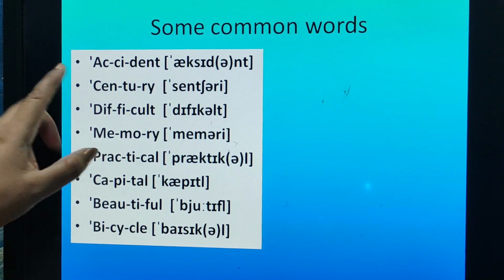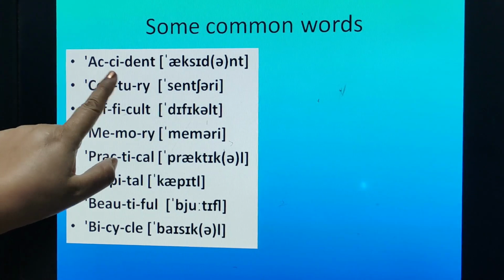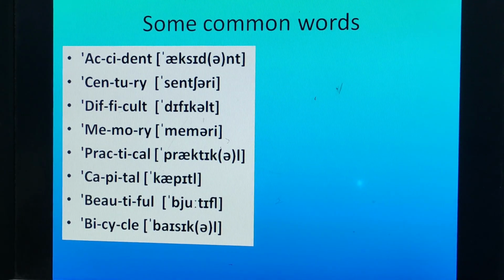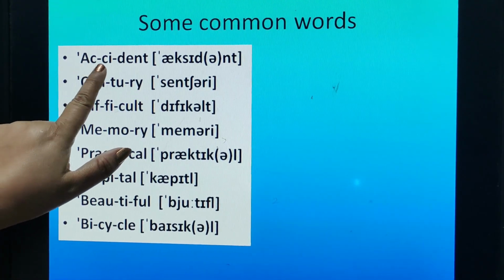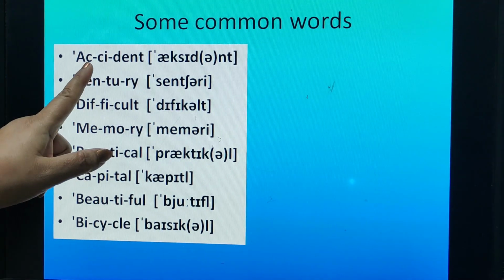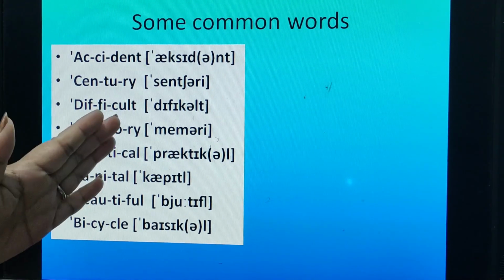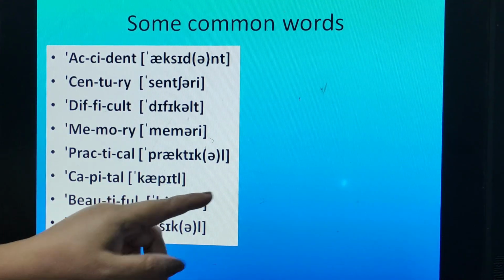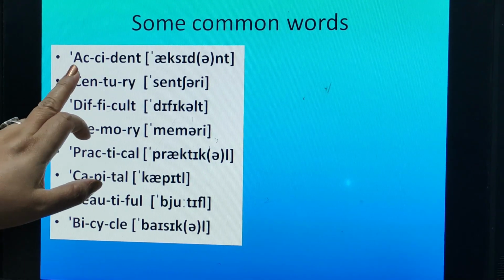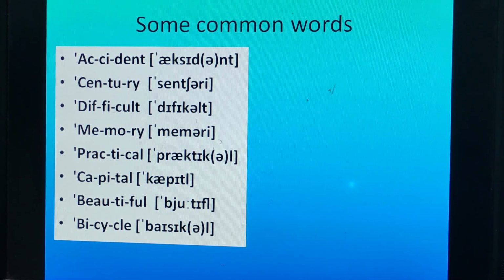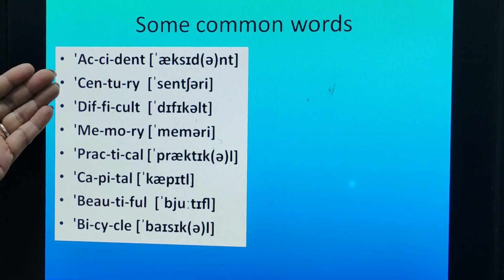So whenever you have a particular word where there's a double, like CC, LL, things like that, we always put one in one syllable and the other of the double in the other syllable. So here, accident, I put AC in one and CI in the other, right? So here this is accident.